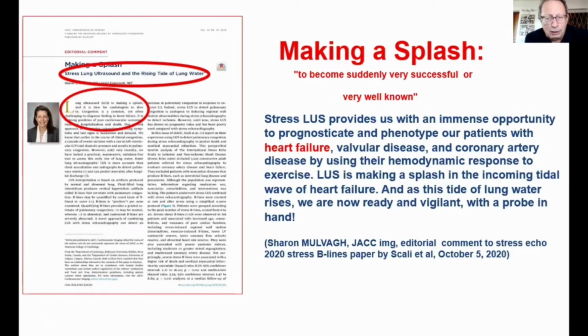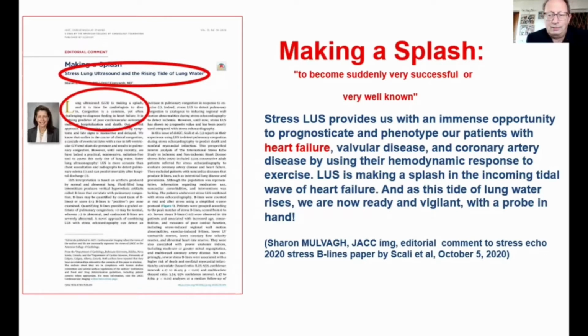And again, there was an important editorial by Sharon Mulvagh, clearly stating right from the title that stress lung ultrasound was making a splash and changing the face of the diagnosis and possibly treatment, because the pulmonary congestion phenotype can be the target of tailor-made intervention, and not only in coronary artery disease, but also in heart failure, valvular heart disease, hypertrophic cardiomyopathy.